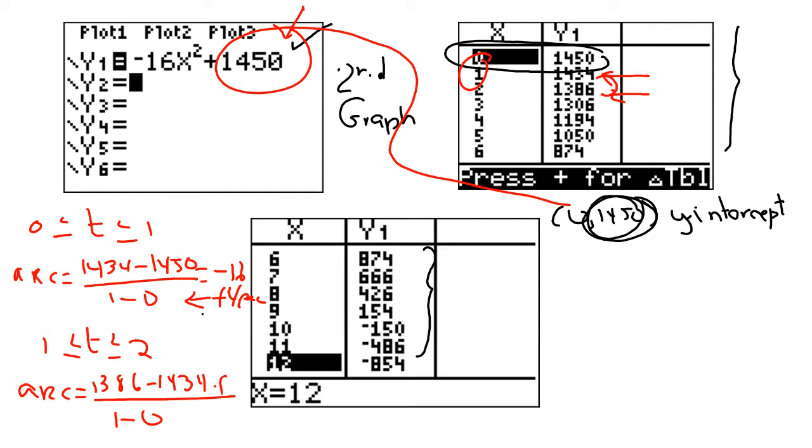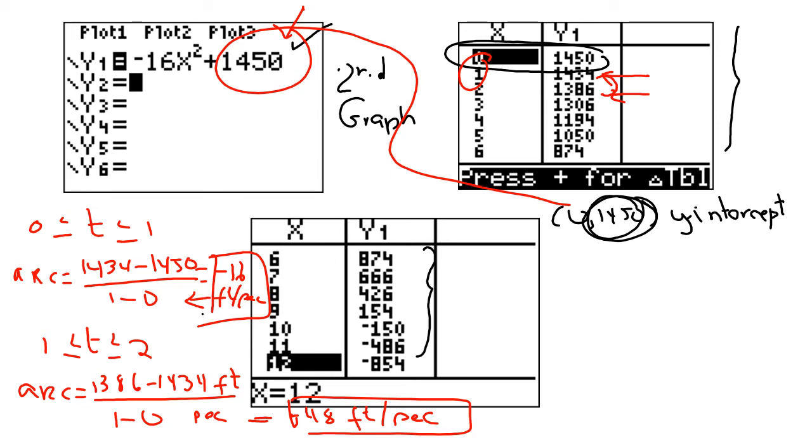Remember that this is feet and this is seconds, and the number that I'm going to get here is negative 48 feet per second. Okay, so this is the average rate of change between 1 and 2, and this is the average rate of change between 0 and 1. So obviously the average rate of change is different, and this graph is not going to be the representation of a linear function.